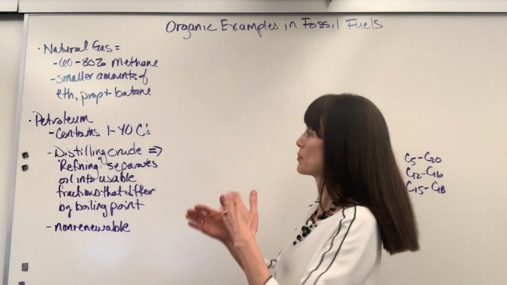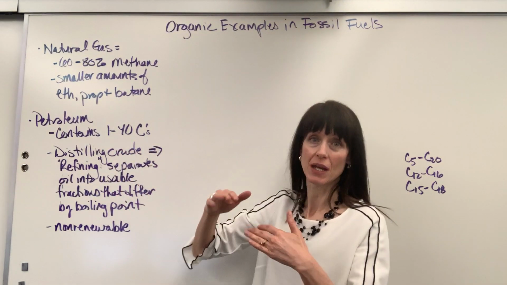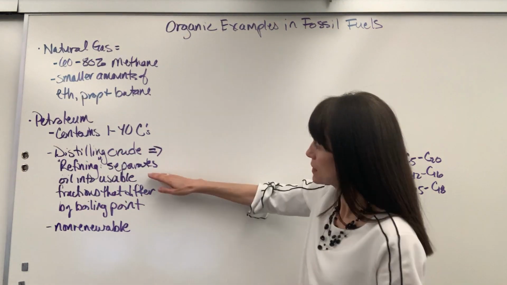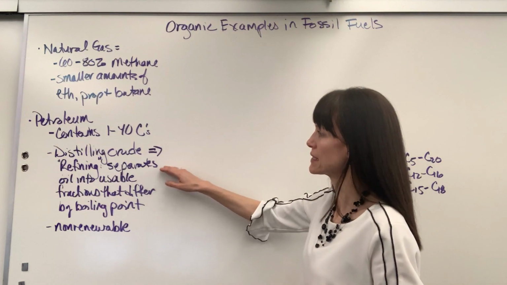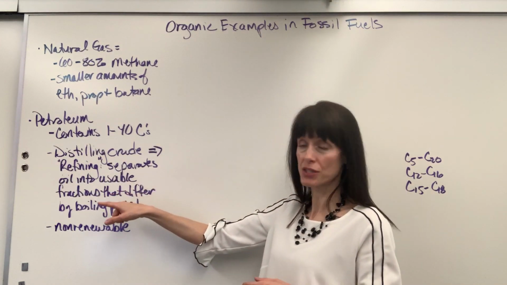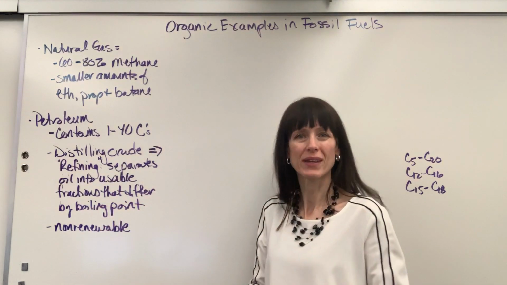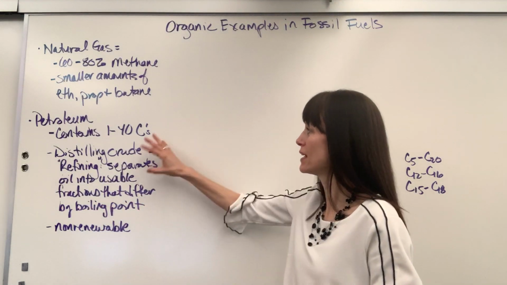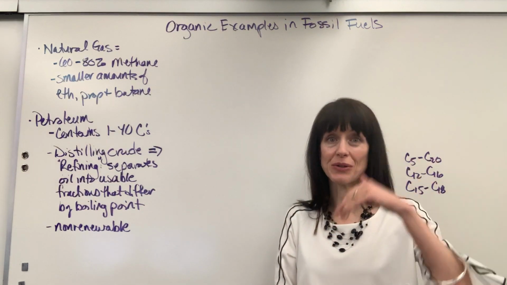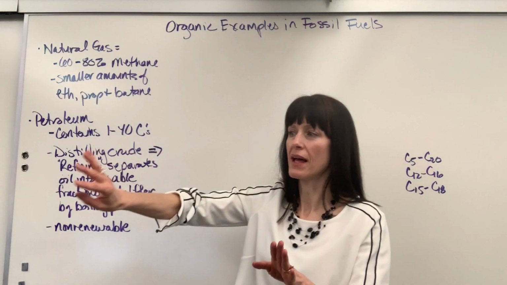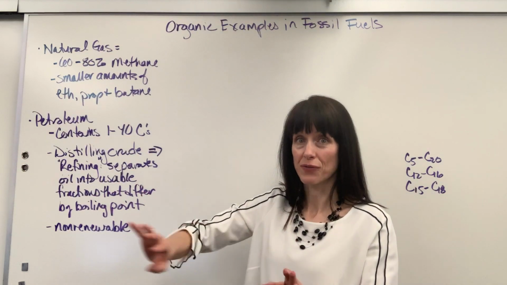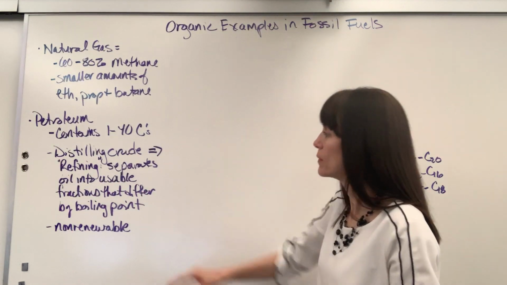What they're doing is separating this crude based on the number of carbons. Here's your technical definition if you want to write this down. Refining separates oil into usable fractions that differ by boiling point. And this refining process, I'm going to show it to you. It's pretty neat. Based on boiling point, we can collect different sizes of carbon molecules.